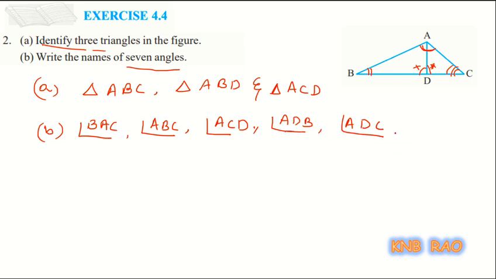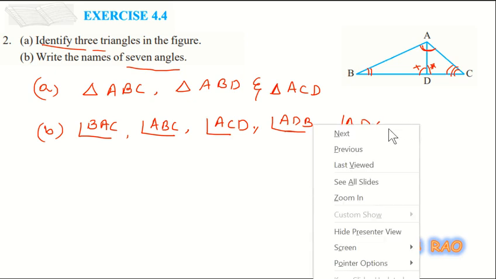Now, do I have any other angles? Yes. By drawing AD, I got at vertex A, angle BAD. So let me change the color and show you.